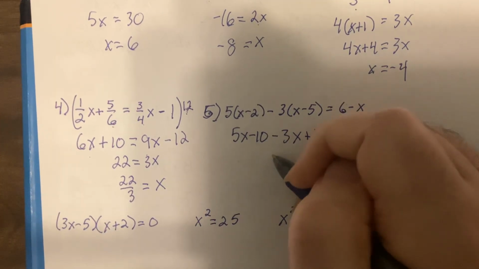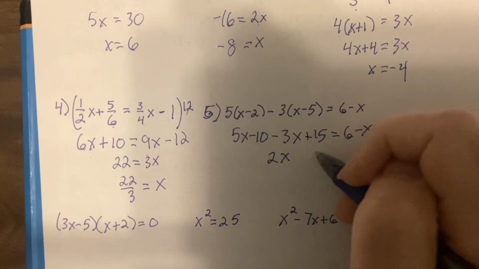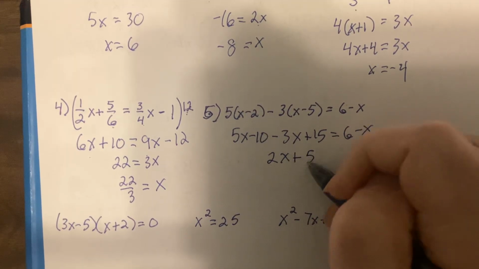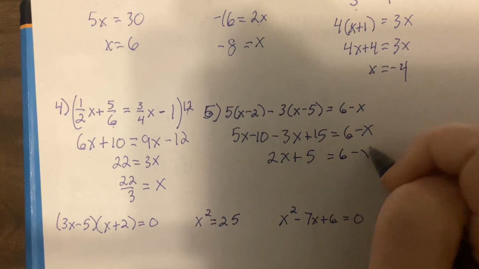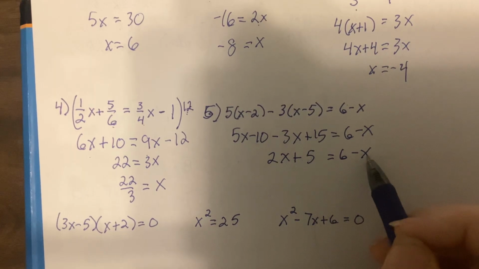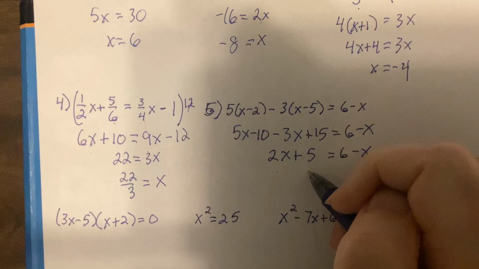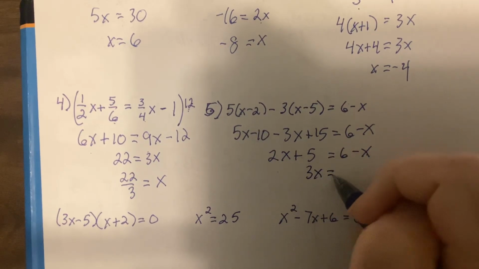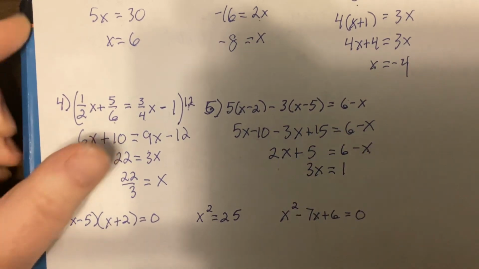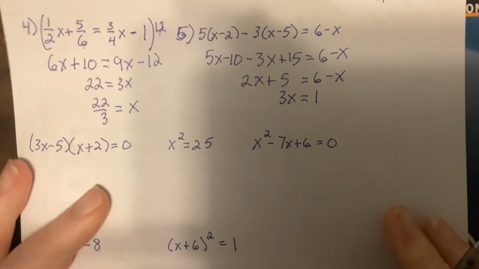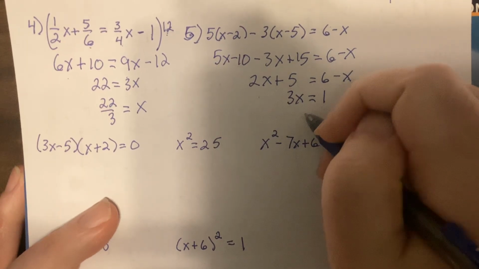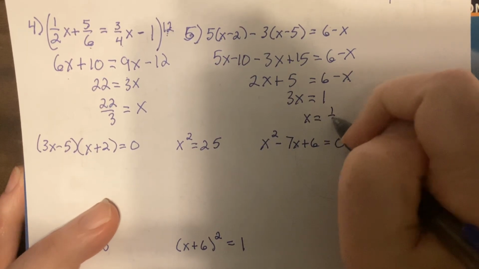So I would have 2x plus 5 equals 6 minus x. So I'm going to add x, and I'm going to subtract 5. So you'd have 3x equals 1. So divide by 3, x equals 1/3.